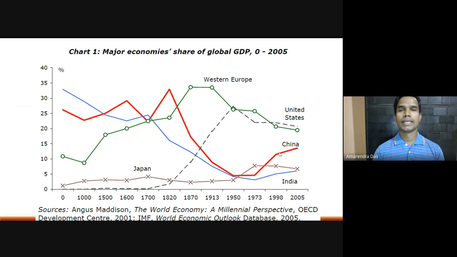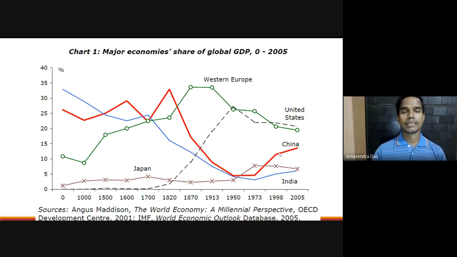But the trend has completely changed. Now the United States has the highest share in the world GDP, followed by Western Europe, then China, then Japan, and then India. So this is the trend for India's GDP before the Mughals came, when we can say there were Hindu rulers in India.